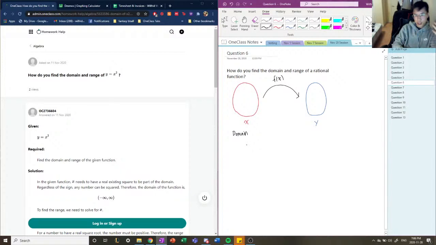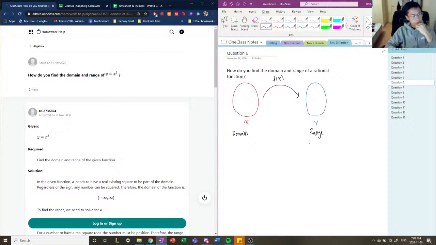Anything that makes it undefined is not part of the domain. Okay, and the range encapsulates all the possible values of our function f of x. So everything that the domain maps to is our range. And just for a note, we can use the f inverse to take our range and map it back to the domain. Okay?